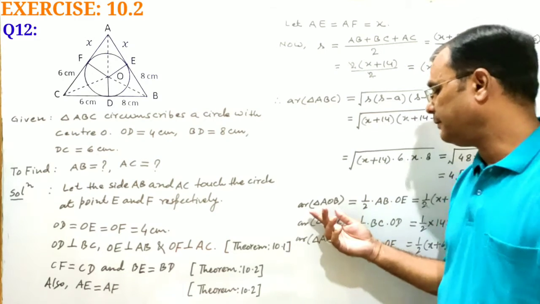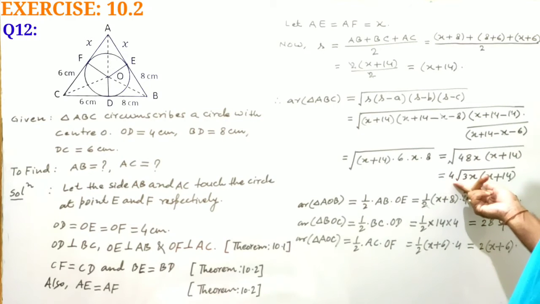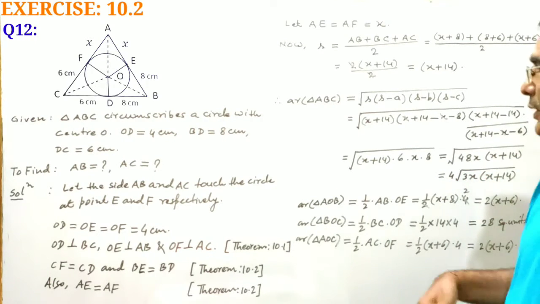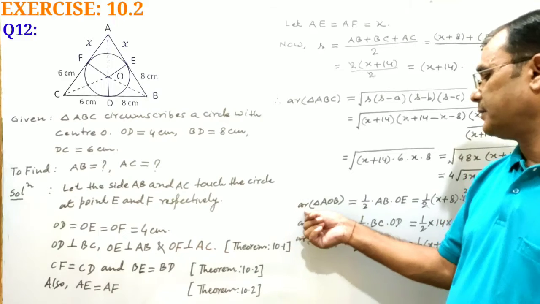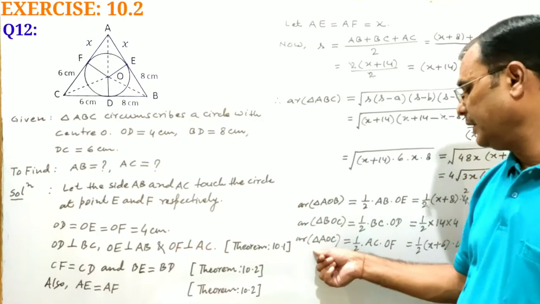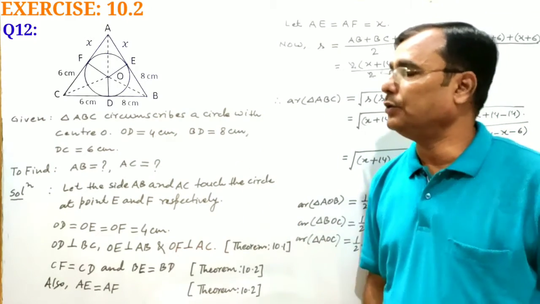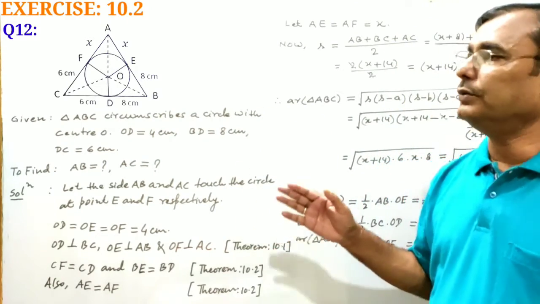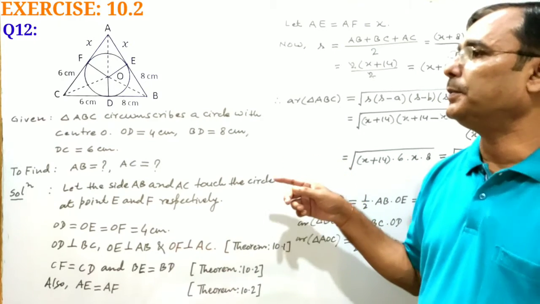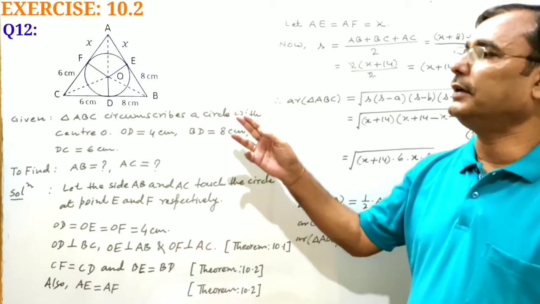So we have found the area of triangle ABC, 4 under root 3x into x plus 14, and also the area of triangle AOB, area of BOC, area of AOC. Area of triangle ABC is equal to area of triangle AOB plus area of triangle BOC plus area of triangle AOC.